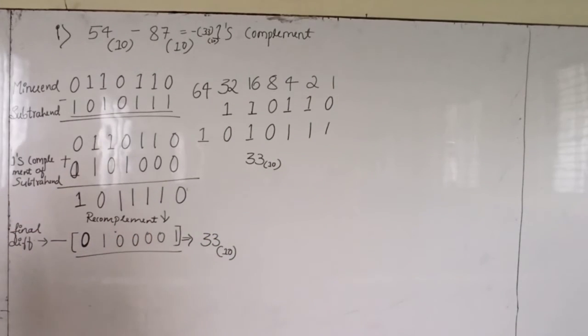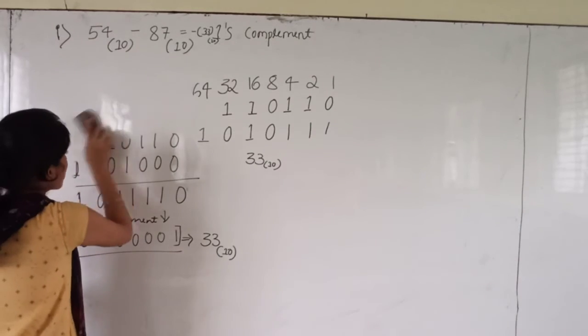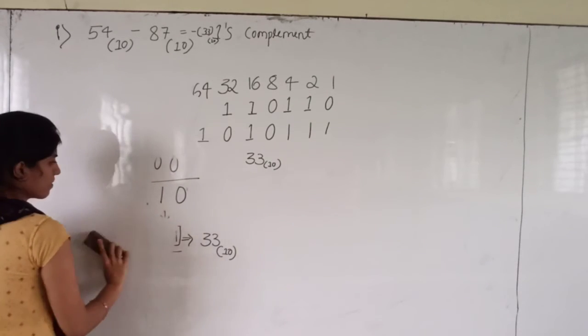This is the method of binary subtraction using 1's complement in case the minuend is less than the subtrahend. Understand? Binary subtraction using 1's complement.